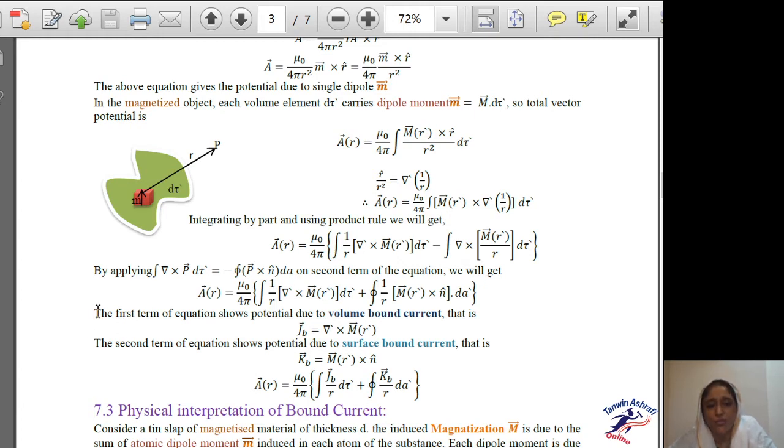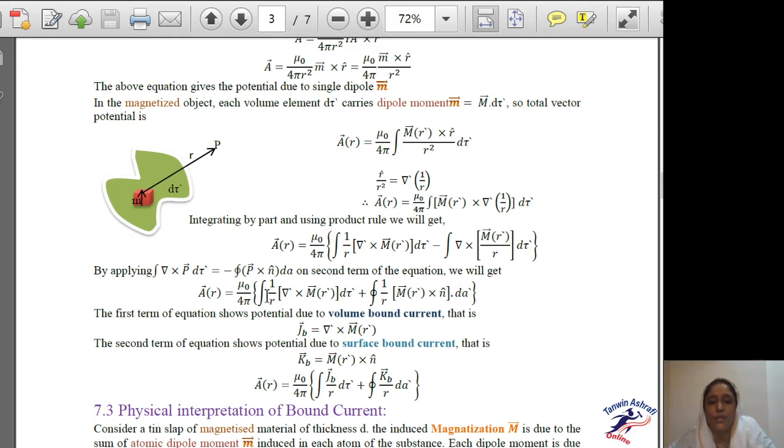The first term of the equation shows the potential is due to the volume bound current, that is JB, which is equal to del cross M. And the second term of the equation shows the potential is due to the surface bound current, that is KB, which is equal to M cross n cap.